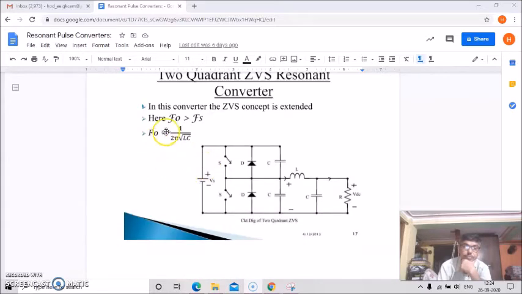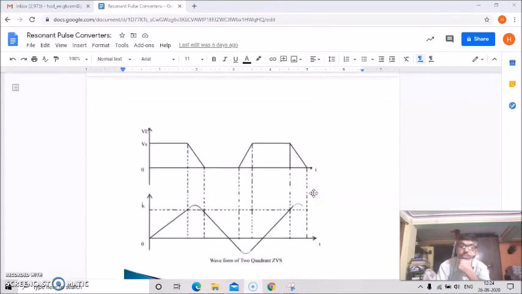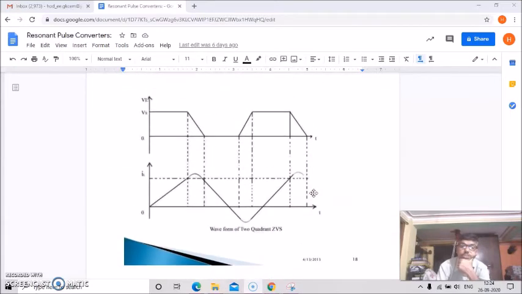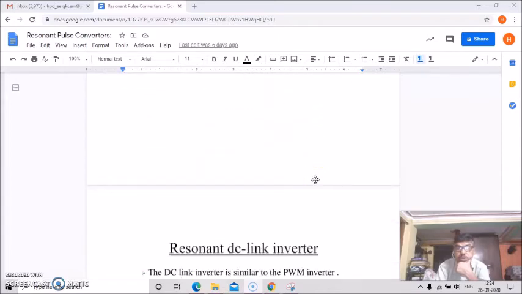F0, the resonant frequency, is 1 by 2π root LC, and this is the circuit diagram of the 2 quadrant ZVS. Basically, these are the voltage and other waveforms of the 2 quadrant ZVS. Clear?